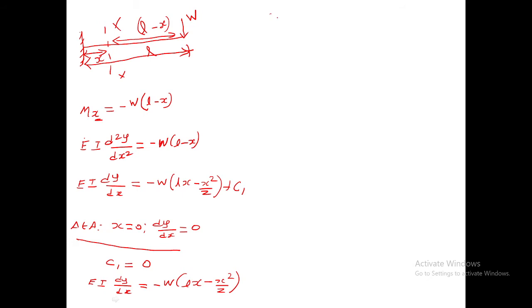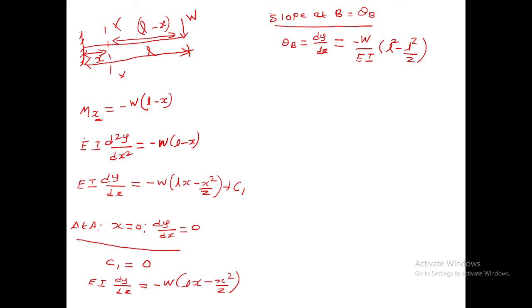Next, the slope at B, theta B. Theta B equal to dy by dx equal to minus W by EI times L square minus L squared by 2, with x equal to L. This is point B, this is point A. So x equal to L, so minus W divided by EI into L square minus L square divided by 2.